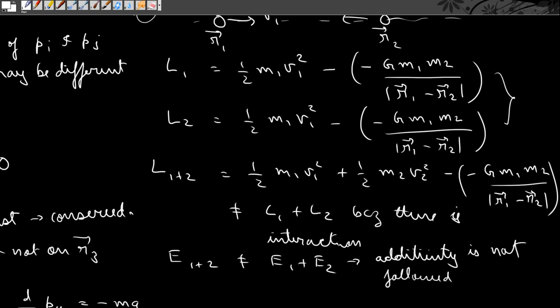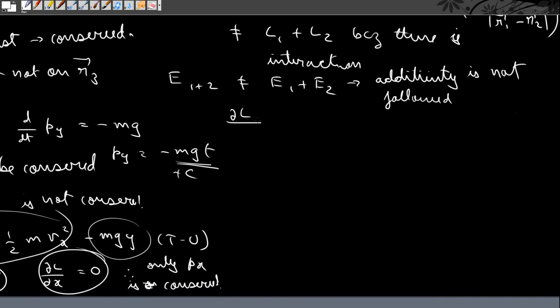However, dou L1 plus 2 by dou T is equal to 0, and the system defined by 1 plus 2 is closed, which implies E1 plus 2 is conserved.